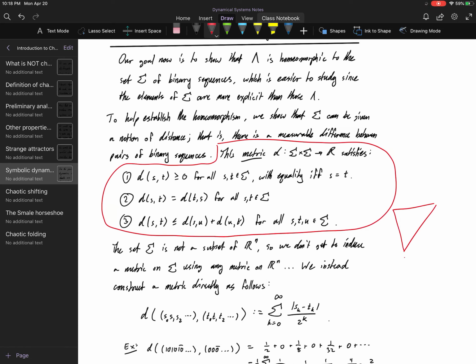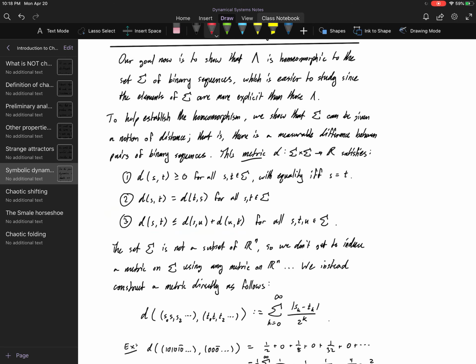So the distance from S to T is shorter than the distance from S to U and then from U to T, for any triple S, T, and U. So the triangle inequality still holds here.